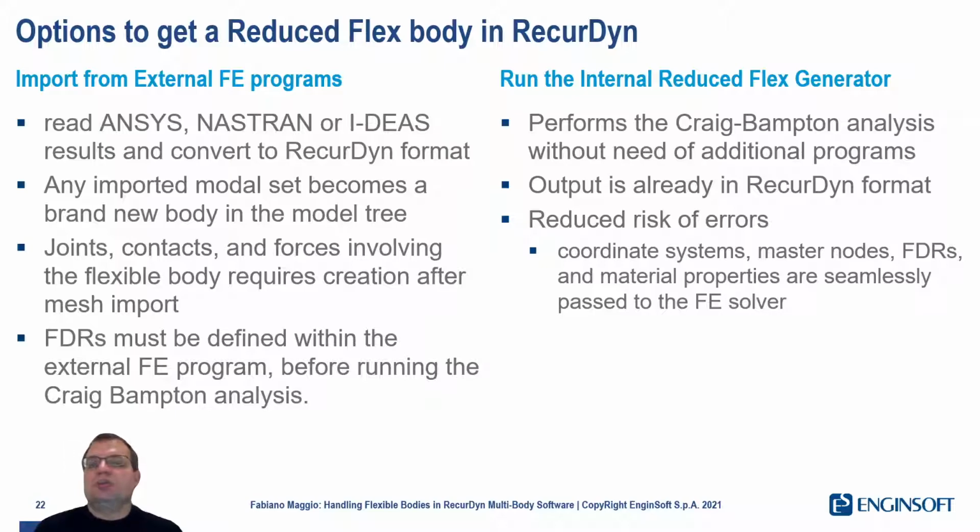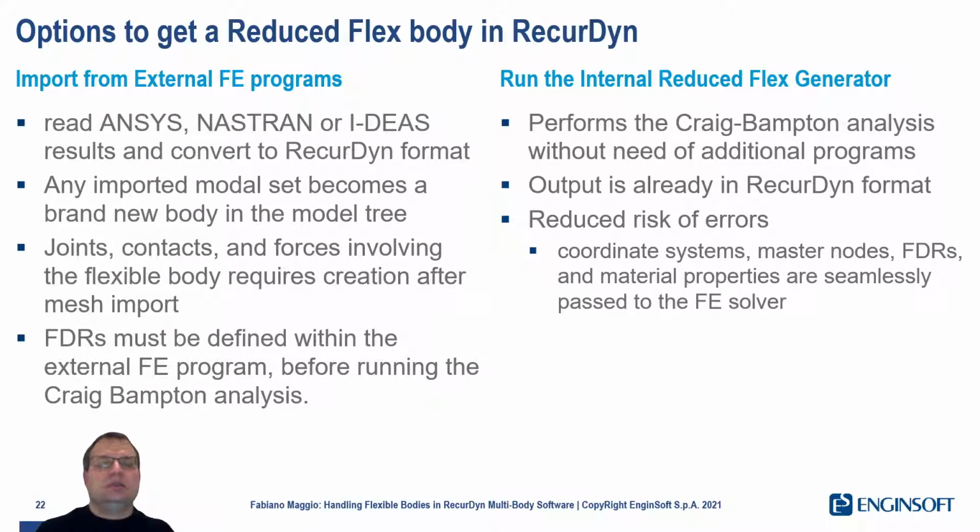Anytime you import something in RecurDyn, it's a new entity. It has nothing to do with existing parts or bodies. If you do the reduced flex generation inside RecurDyn, then you have everything saved. And this is possible because RecurDyn features an internal finite element solver that is optimized to make this Craig-Bampton analysis.